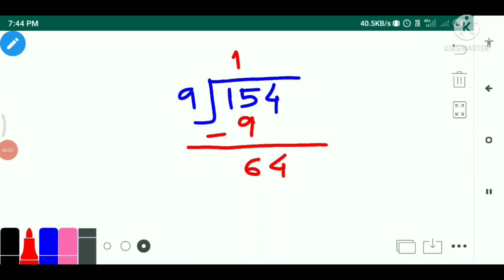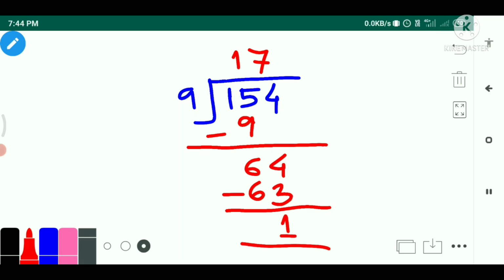Now we know that 9 7s are 63. Now we'll subtract these two, and after subtracting we'll get 1. So our quotient is what? 17, and our remainder is what?